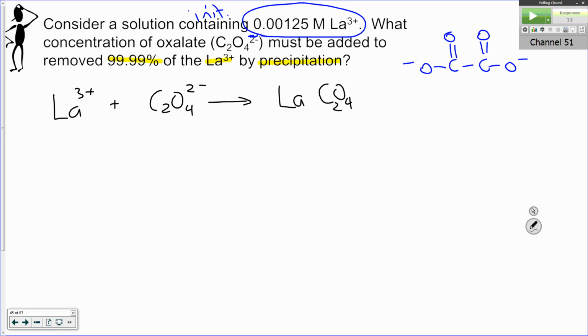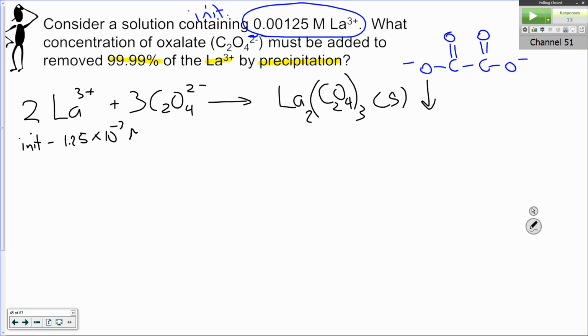Okay, so lanthanum 3+, it's going to be 2 of those, and 3 of the oxalates to form that solid that's going to precipitate out. So I've got to realize that this is a 2, this is a 3. The initial concentration of the lanthanum is 1.25 times 10 to the minus 3rd.